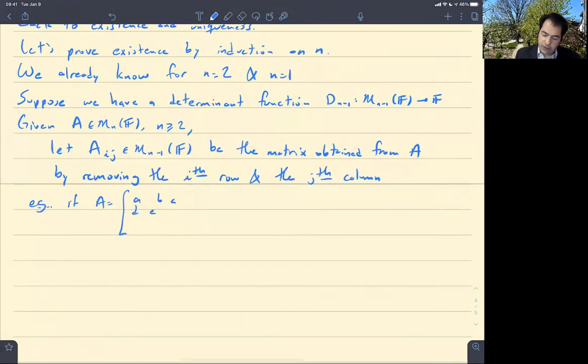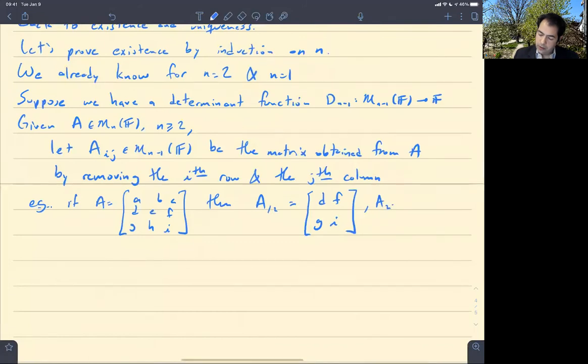So for example, if A is a 3 by 3 matrix, then A_1,2 tells us to remove the first row and the second column. So you're left with E, F, G, F. Let's do one more.